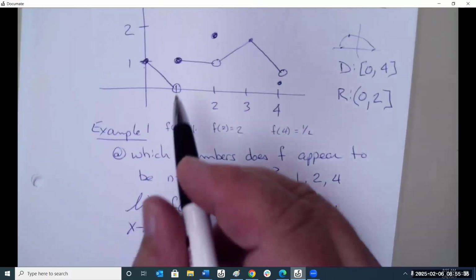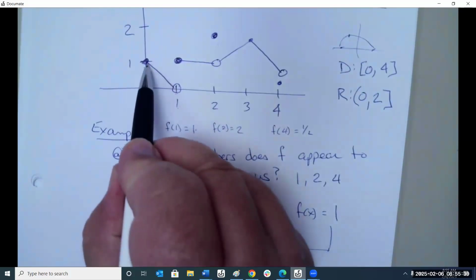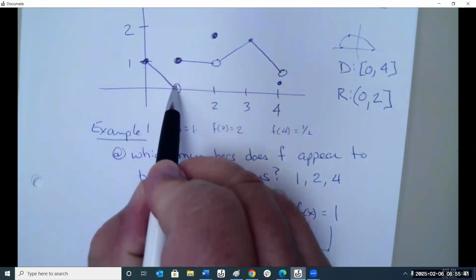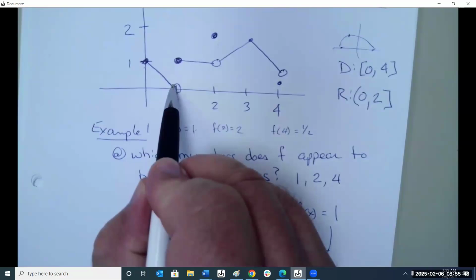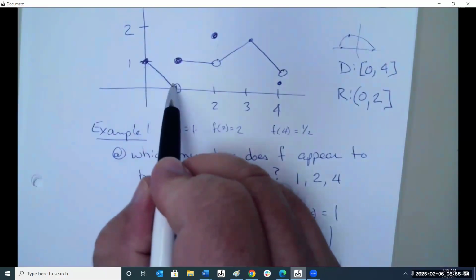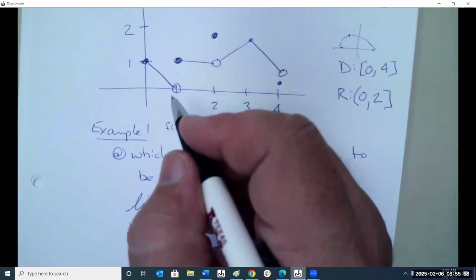So what happens at 1? Remember, from 0 to this way, we're going down, down, down, down. All of a sudden, what happens when we get close to 1? When we get to 1, what do we have to do? Not go back. Go back means this way. Jump. This is what's called a jump discontinuity.